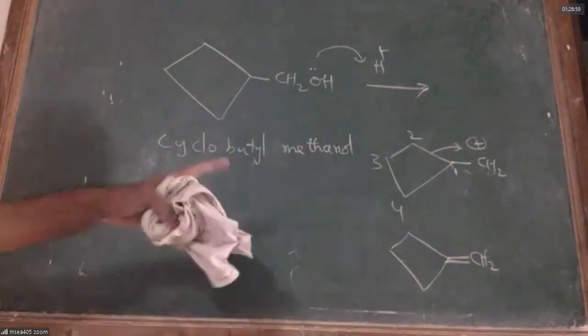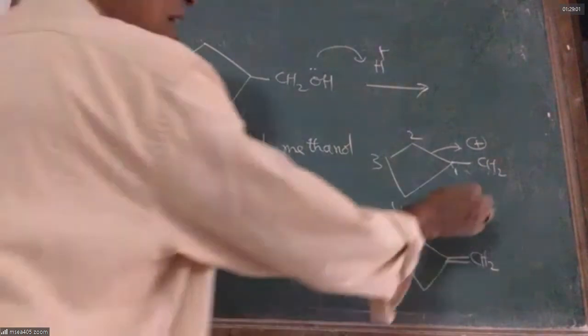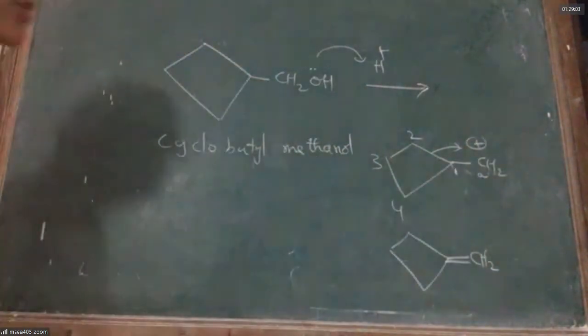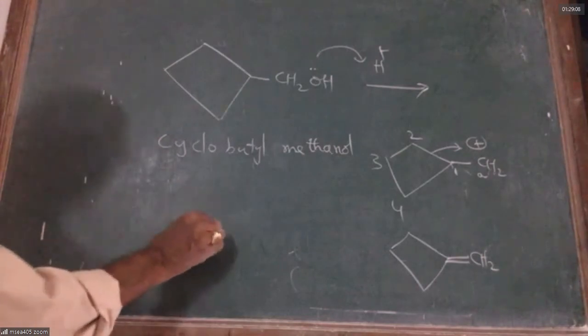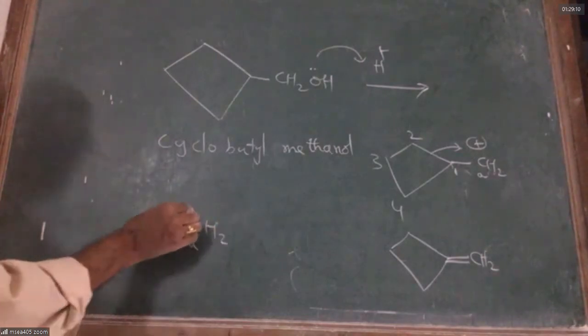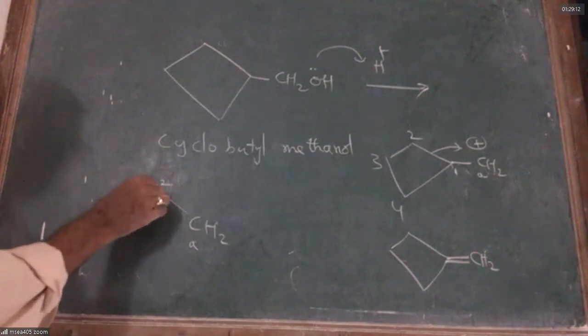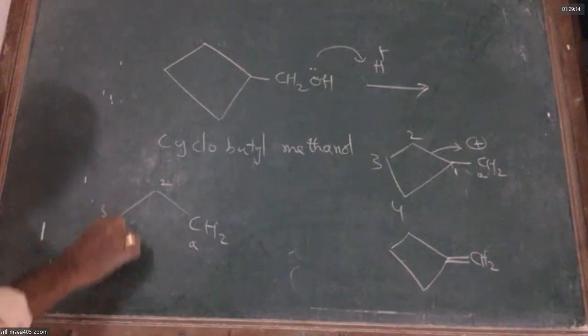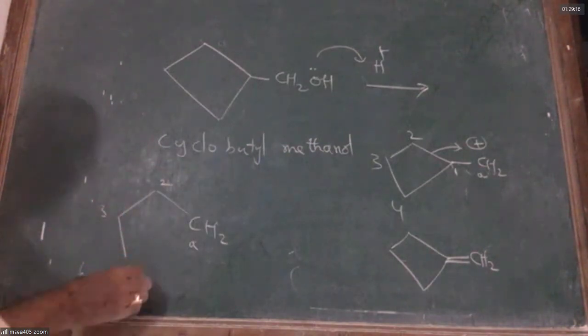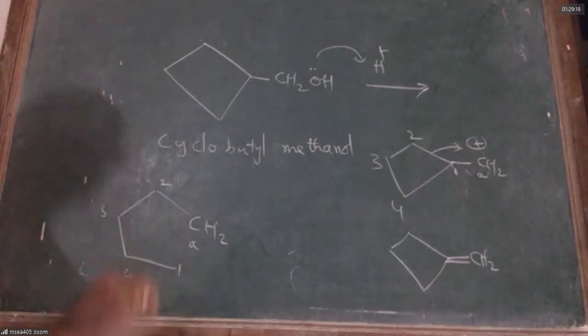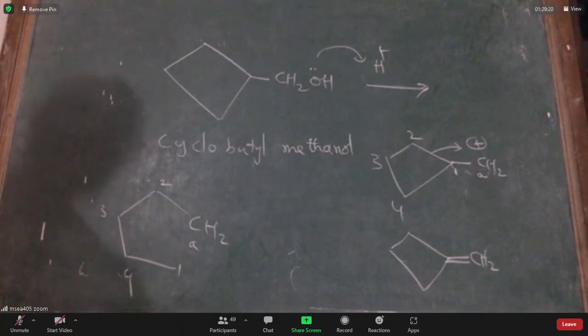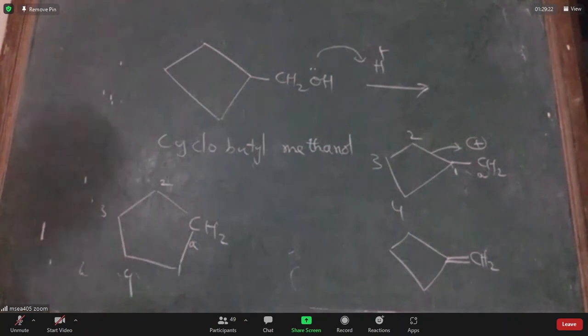When the bond comes there, the carbon is linked to 2. Now this carbon is linked to second carbon, linked to third carbon, linked to fourth carbon, linked to first carbon, linked to it. Can you see it, sir?